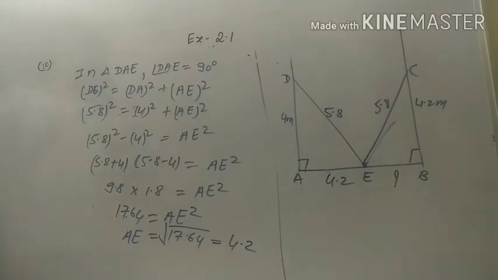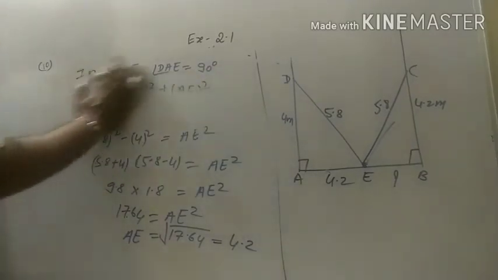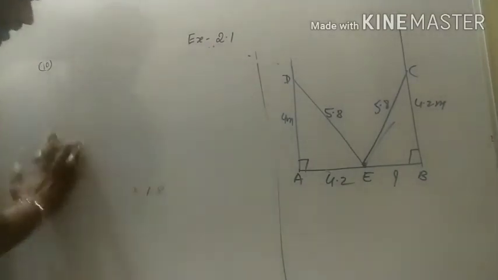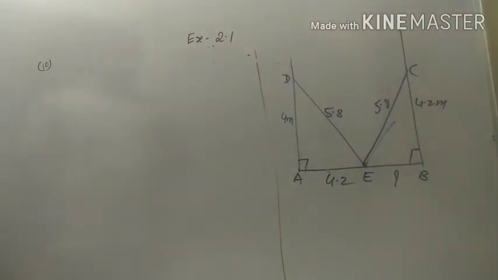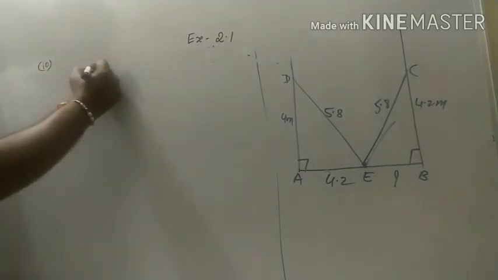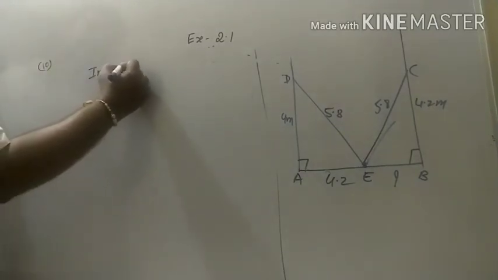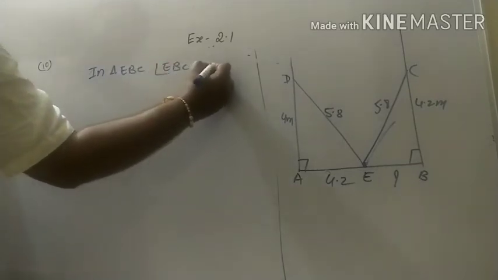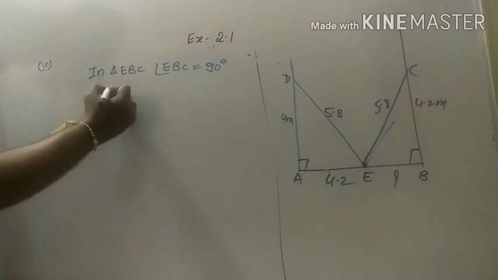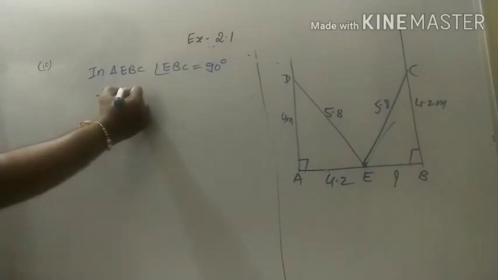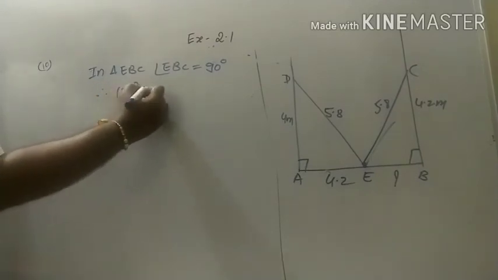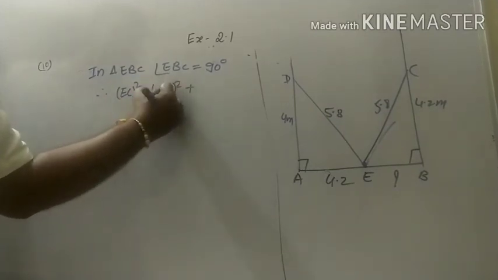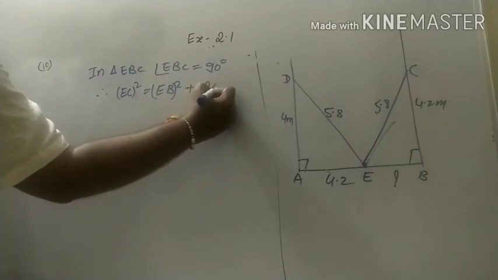How do we find EB? For that we take another triangle. In triangle EBC, angle EBC is equal to 90 degree. Therefore EC square is equal to EB square plus BC square.